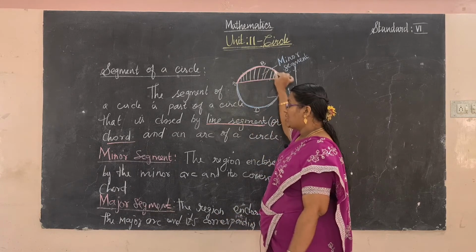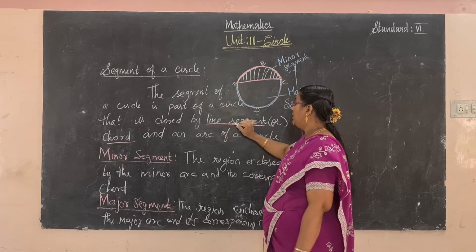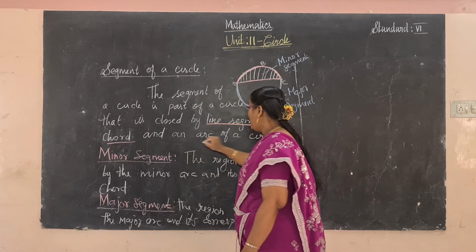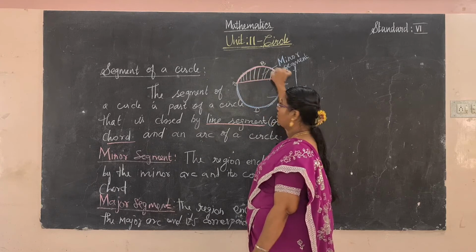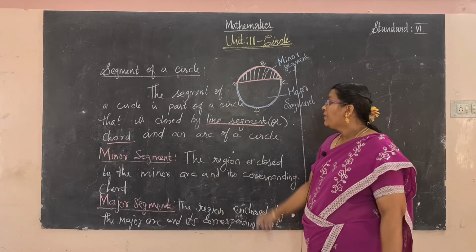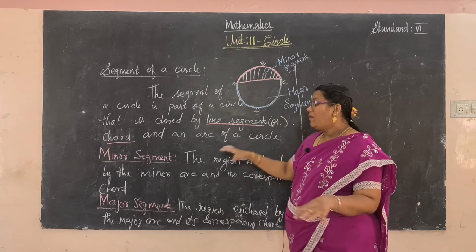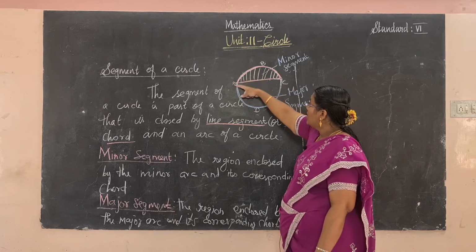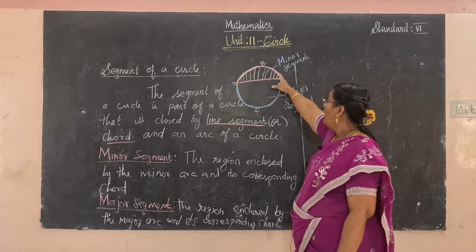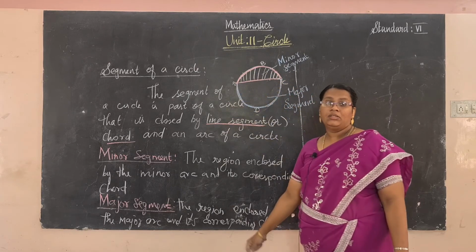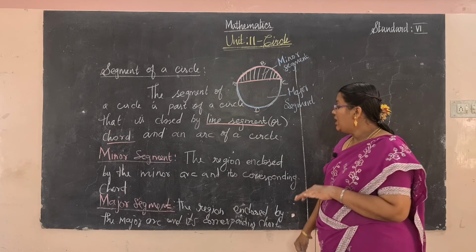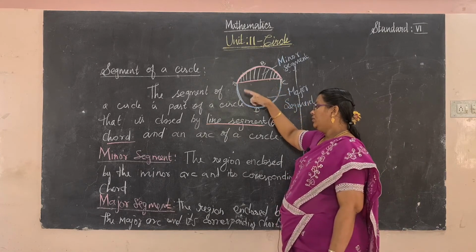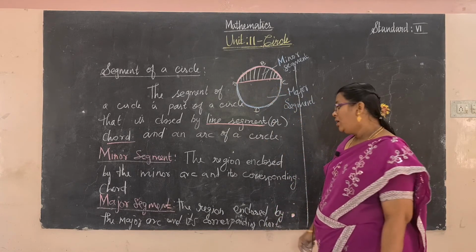So the part of the circle that is closed by the line segment, that is the chord, and an arc of the circle is called the segment of the circle. The minor segment means the region closed by the minor arc and its corresponding chord.